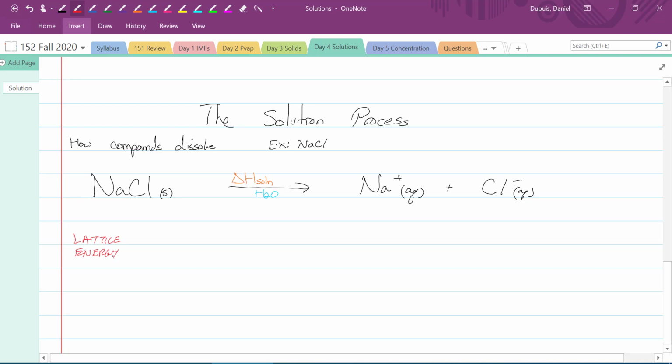So lattice energy is the energy released when the ions form from the gas phase to make a crystalline lattice. And so in this case, it's still going to be the energy required to break up the ionic lattice.